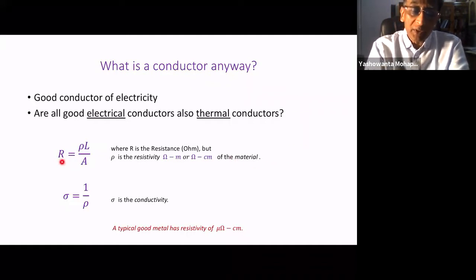Now we know that resistance depends on the following.